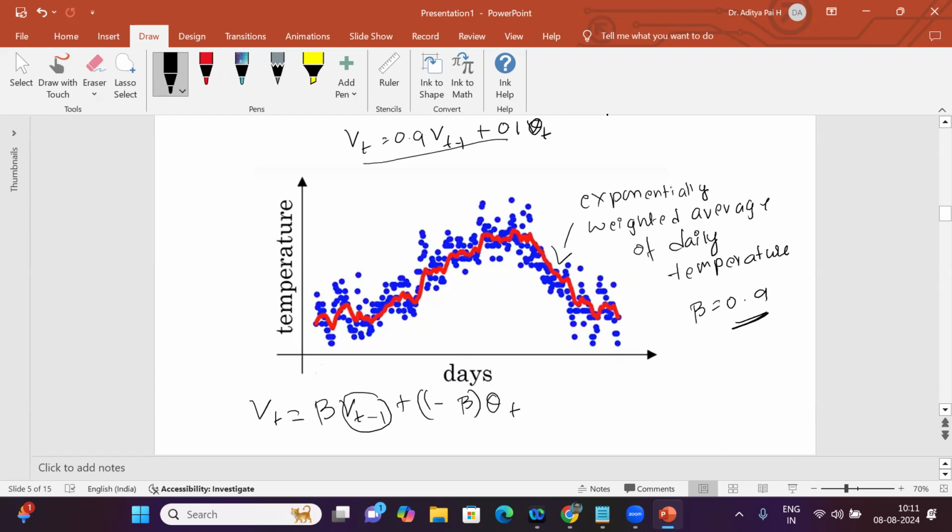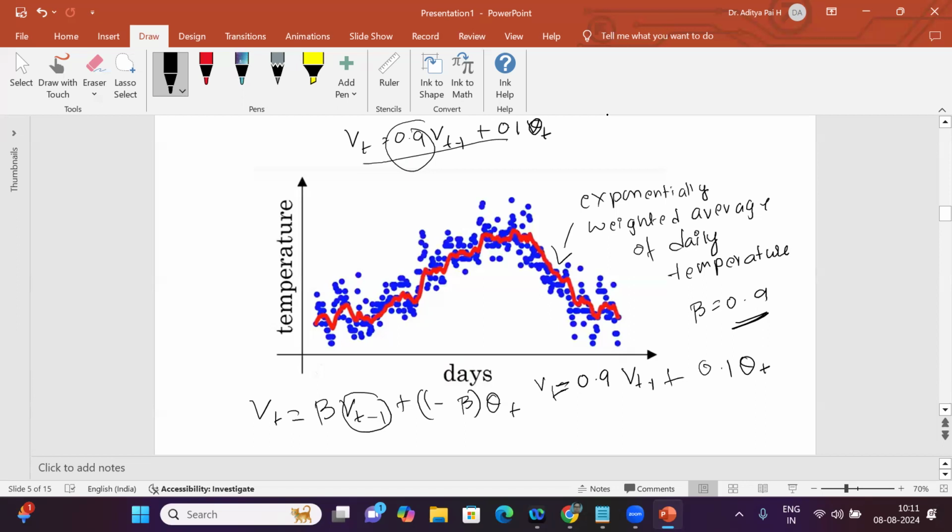So the beta value we are giving is 0.9: 0.9 vt minus 1 plus 1 minus beta, which is 0.1, theta t. This is how we calculate. So this 0.9 is your beta value, which we apply exponentially to the previous weights.